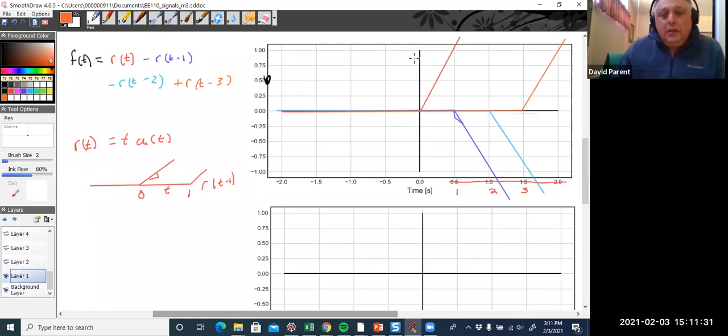The key thing with ramps is that we're just keeping track of the slopes. We're going to have a positive slope, then it'll flatten out, then we'll have a negative slope, and then we'll have a positive slope. So if I just write the slopes here, +1, -1, -1, +1, you should be able to see what's going on at any given time.